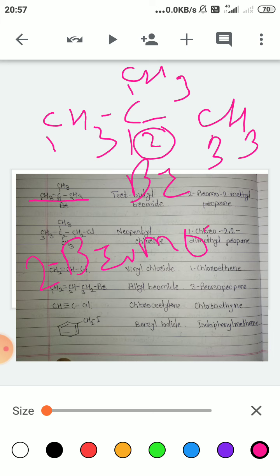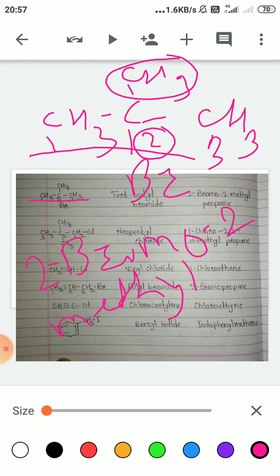Then this second carbon atom also contains 1 methyl group, therefore 2-methyl, and as the longest chain contains 3 carbon atoms, propane.